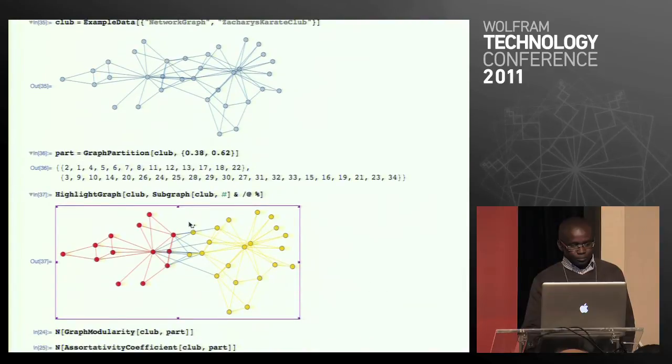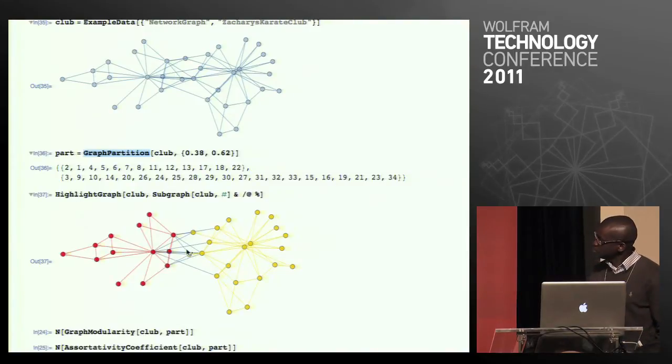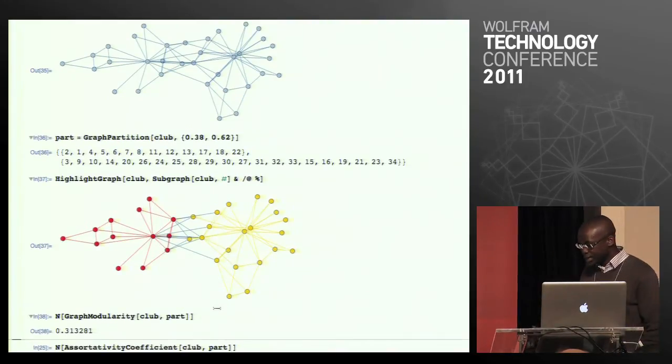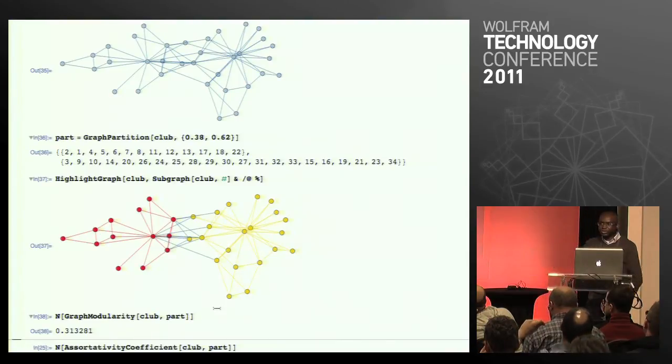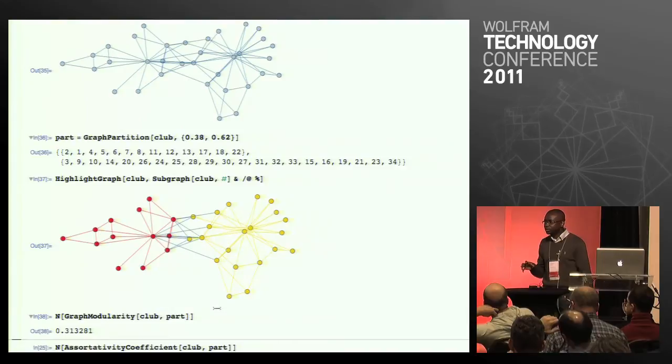From doing the partition, you see that you have two groups now, which are nicely split, and then you see the connection between them. You can compute the modularity of that partition and see how people from those two groups associate themselves. The modularity is a value between 0 and 1. If the value is close to 1, then people of the same type associate themselves.